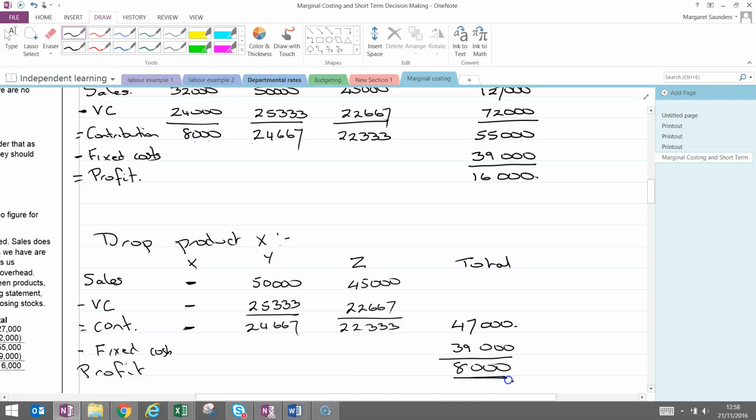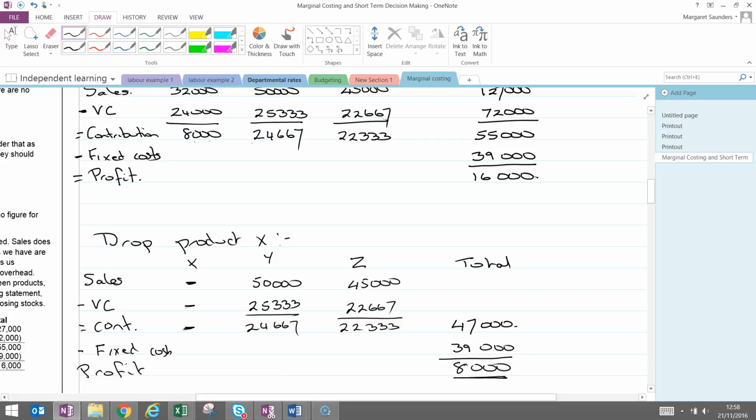Profit of £8,000 compared to originally a profit of £16,000.